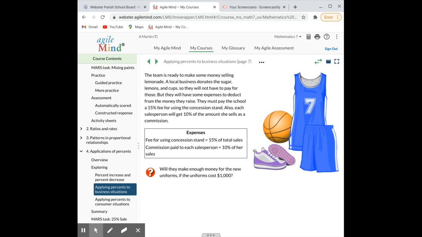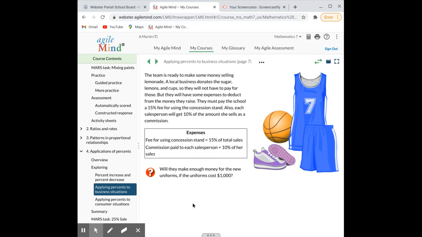What is a fee? Does anybody know what a fee is? Go ahead, Landon. A payment made to a professional or a public body. Okay. All right.